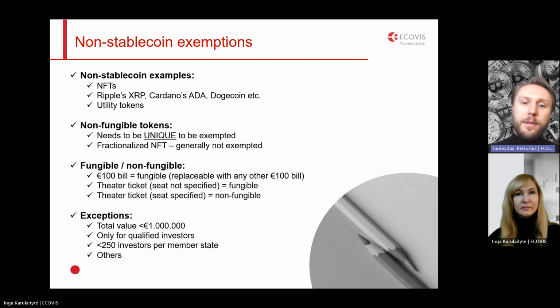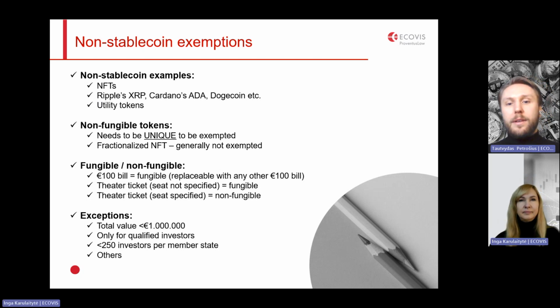Because let's say we mint an NFT of Mona Lisa's painting. Now, the painting would have a uniquely identifiable digital version. When we fractionalize that NFT into, let's say, 100 NFTs, according to the regulation's preamble, those fractionalized parts shouldn't be considered as unique NFTs because they're simply not unique enough.